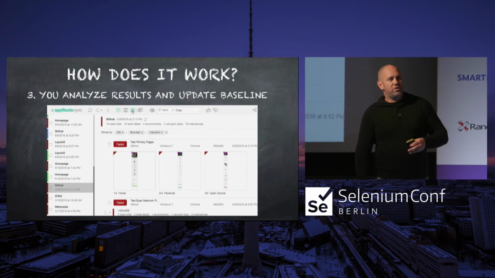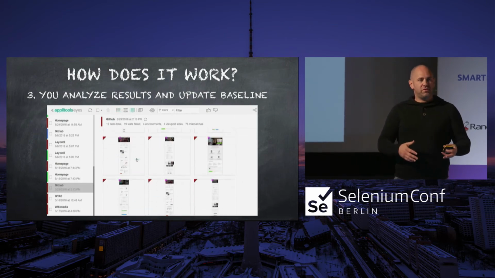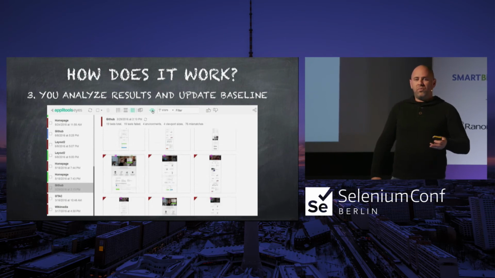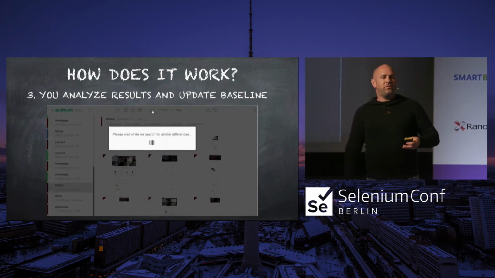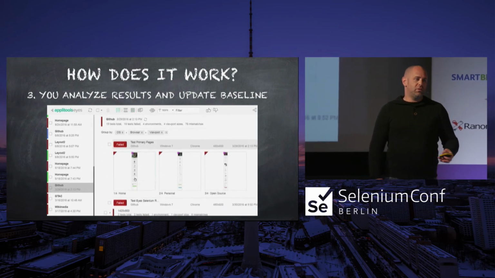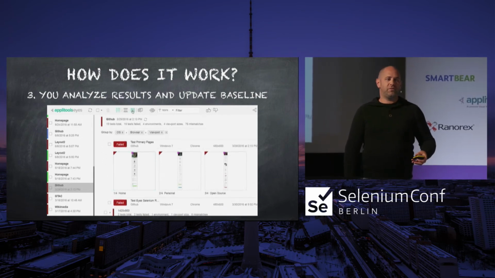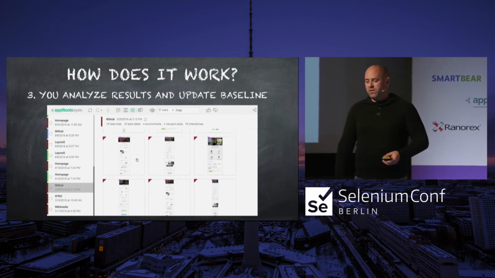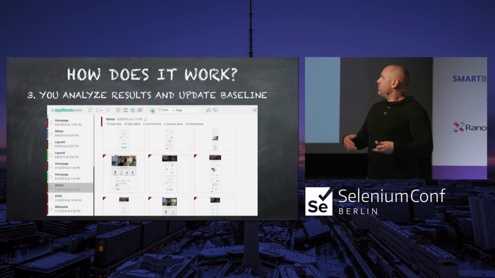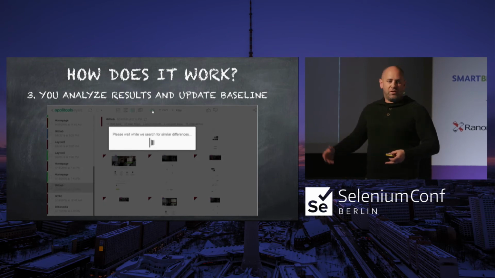Now the tool will generate a report containing the baseline images, the new images that arrived, and the differences between them. And this is the point where you go over the different steps and see if there are differences. If there are undesired differences, then you open a bug. And if it's a valid change, you accept the new screenshot, and it will be used as the baseline image for the next runs.